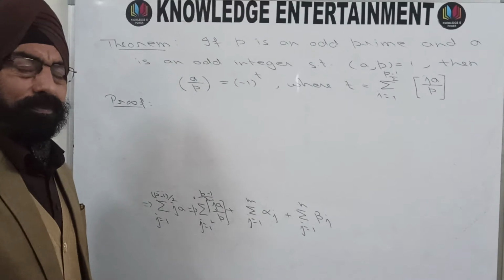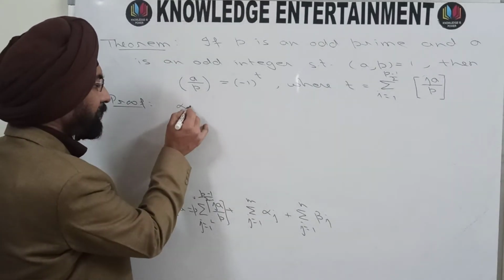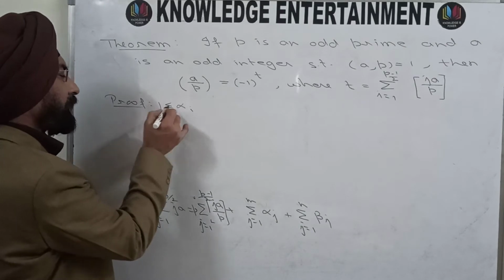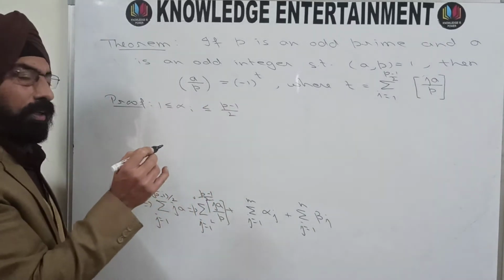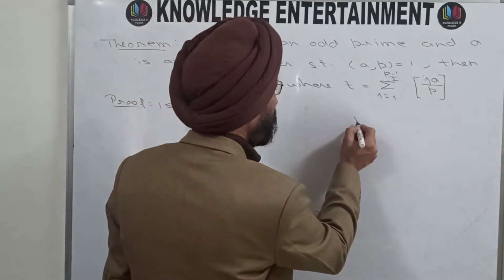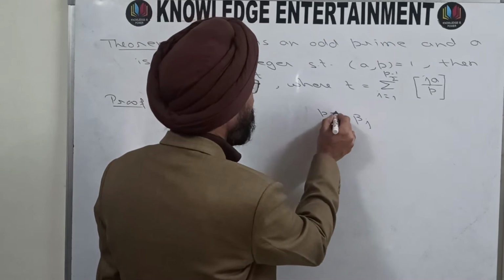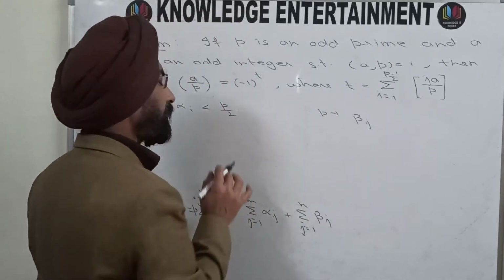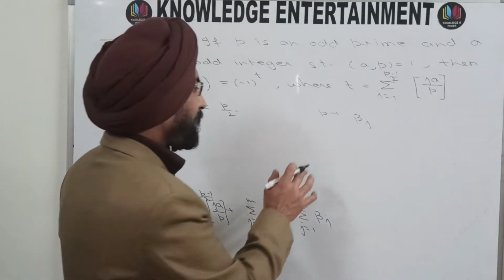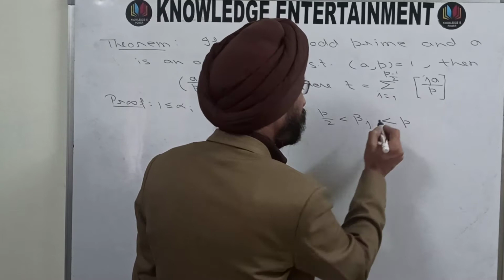Now look at all these alpha i's. They are definitely greater than 1 and less than or equal to (p minus 1) by 2. On the other side, your beta j's are greater than p by 2, not (p minus 1) by 2 but p by 2, and less than p.